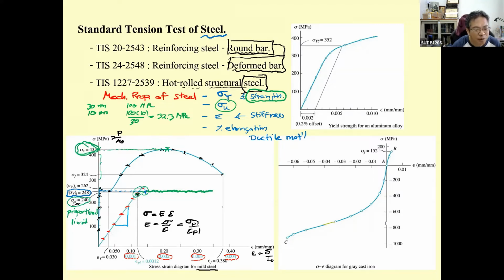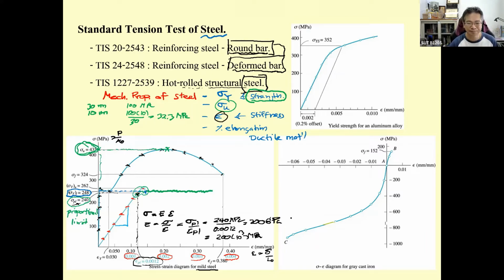See over here, you get 240 megapascal. And when you project down over here, you get the proportional strain of 0.0012. So you get E of 210 times 10 power 3 megapascal, or you may say 200 gigapascal, which is 10 power 9 Newton per square meter. So the stiffness is very large.